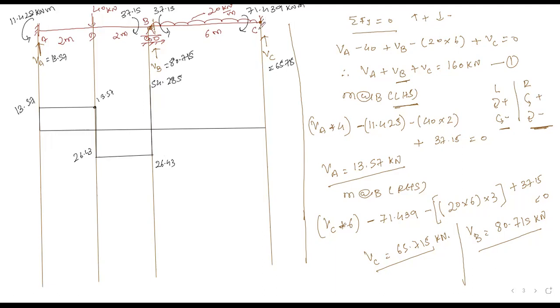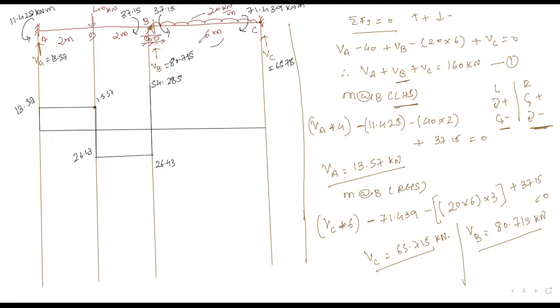Now the next point is point C. We are interested to calculate shear force at point C. For that we will subtract. Why subtract? Because this UDL, uniformly distributed load, is acting in downward direction, that's the reason we subtract the total load of the UDL. What is the total load of UDL? Intensity of load multiplied by length covered by UDL. What is the intensity of load? 20 kN per meter, that is the intensity of the uniformly distributed load, and the length of UDL is 6.